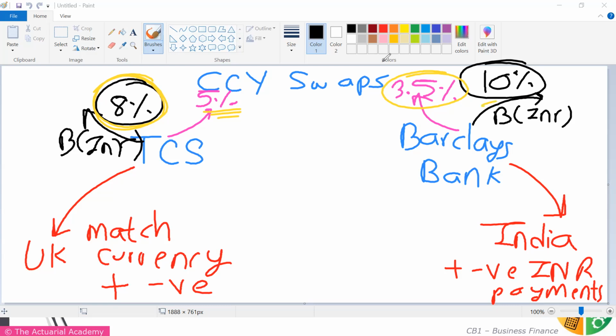So Barclays wants to borrow in INR, but it is very costly. It's 10%, and for TCS, it's very costly in GBP. So what they'll do is they'll meet. In the earlier part I wrote an intermediary here. For the intermediary, you can take the example of any other big bank, probably JP Morgan Chase.